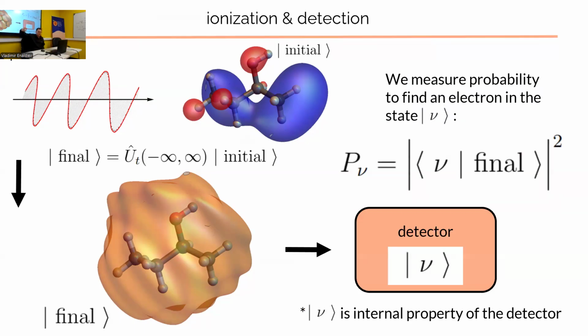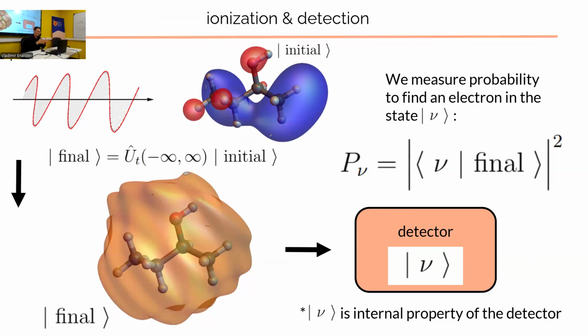When we detect particles at spatial infinity with a detector, what is the procedure of detection? It's a projection of this complex final state onto some internal state in the detector. So in fact, this state is a property of the detector.